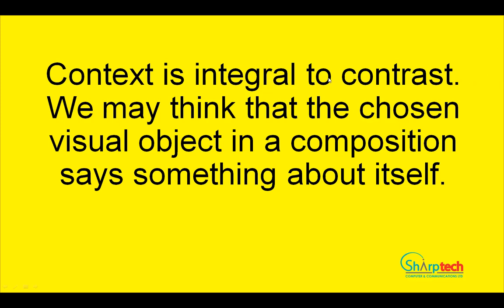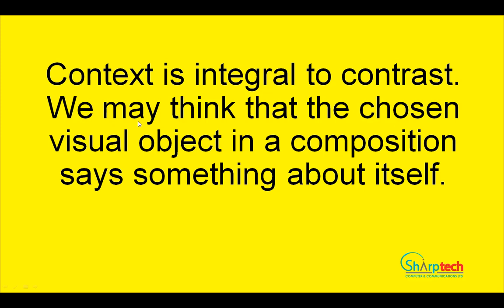So you've got to understand what this means. A visual object being alone really does not bring its meaning, but it is the elements around it that really bring its meaning out.